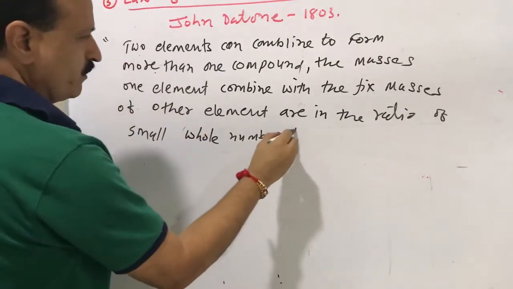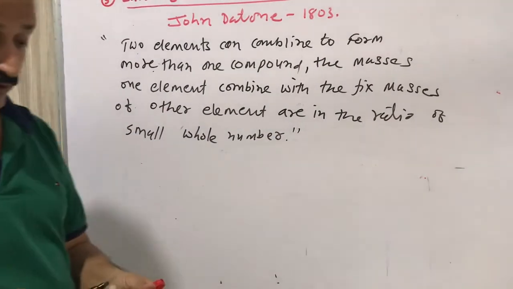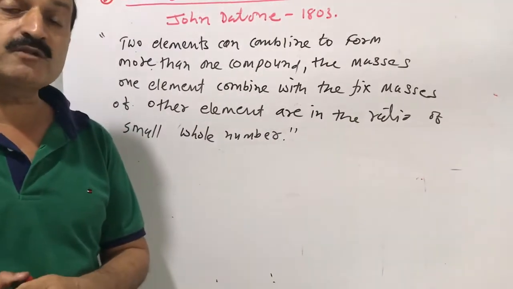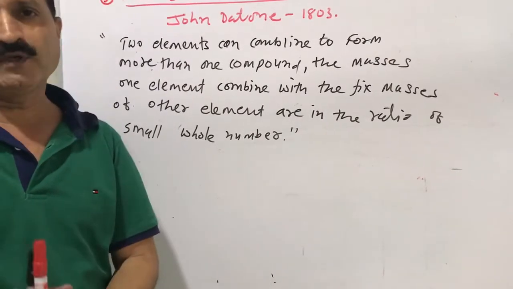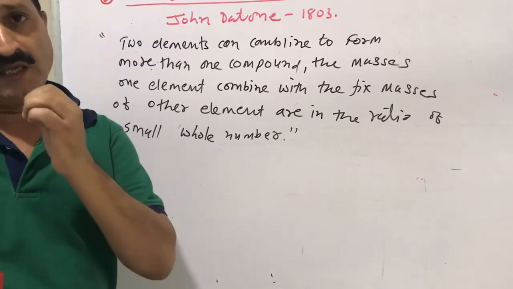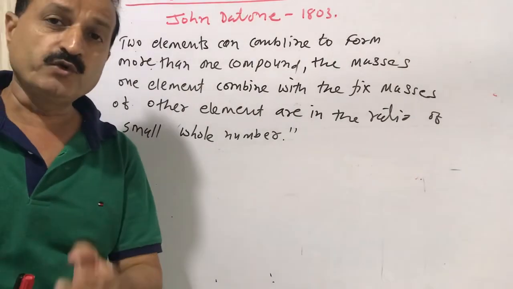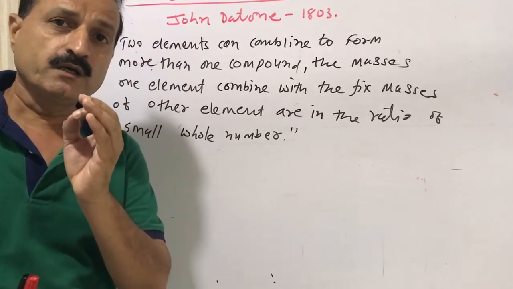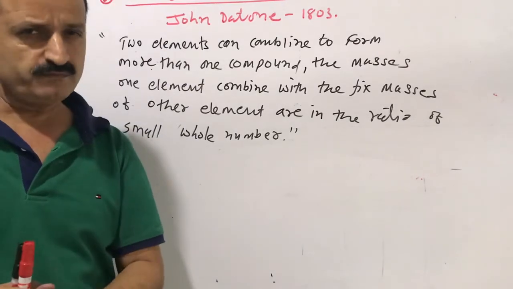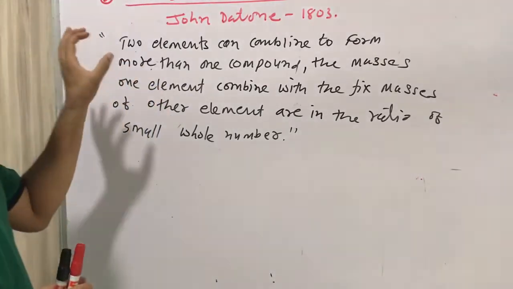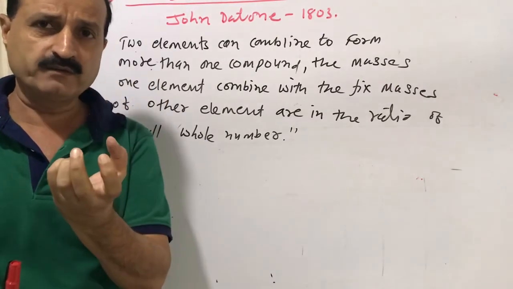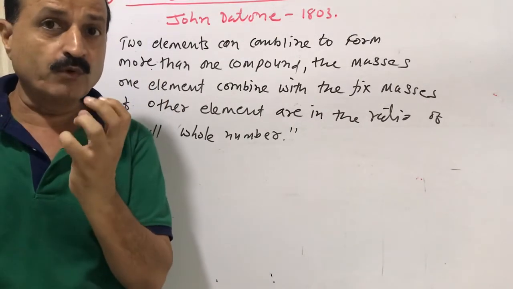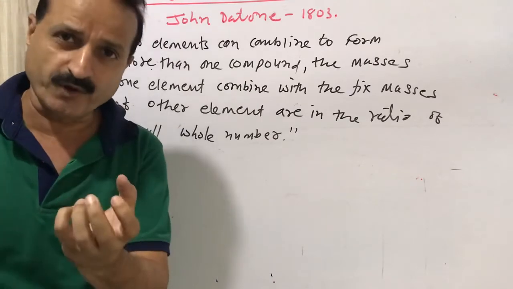Law is very long, you are confused. How can we remember this law? We will take a proper example, and I guarantee you that you will easily remember this law. Simply, the law explains that two elements can combine to form more than one compound.